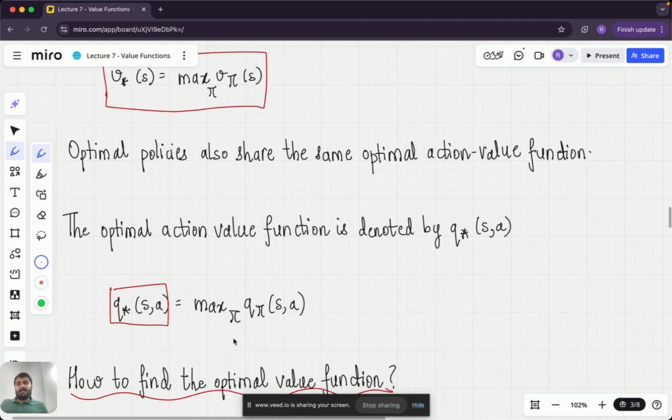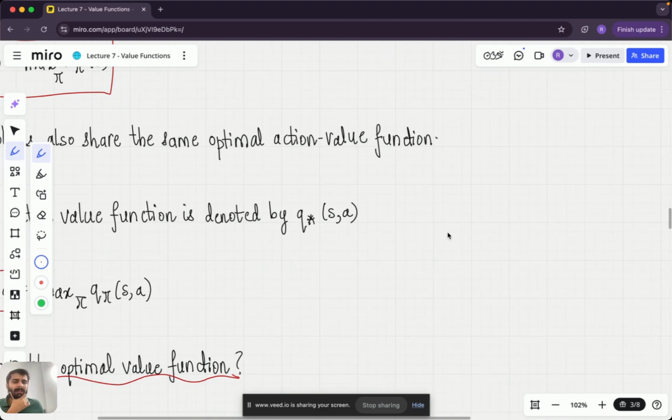Now the question is, how do we find these optimal value functions? Can we somehow use the intuition that we built previously to check whether the value function that we have got is optimal or not? How can we do that? So let's try to see.